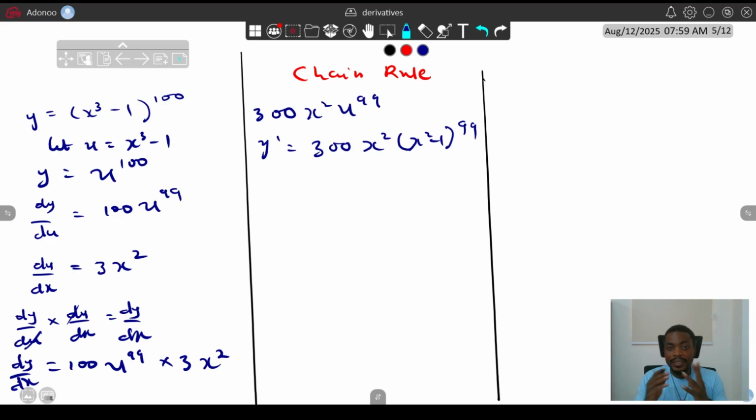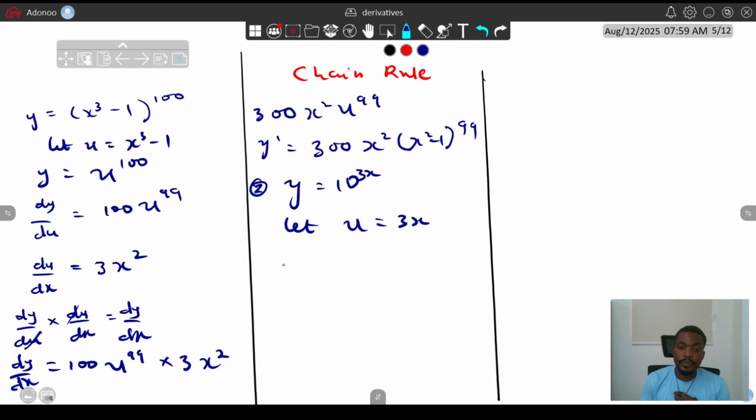Okay, let's look at an example which involves an exponential function. For chain rule, we have y equals 10 raised to the power 3x. Now we can let u be equal to 3x. If u is equal to 3x, then the function y now becomes 10 raised to the power u.